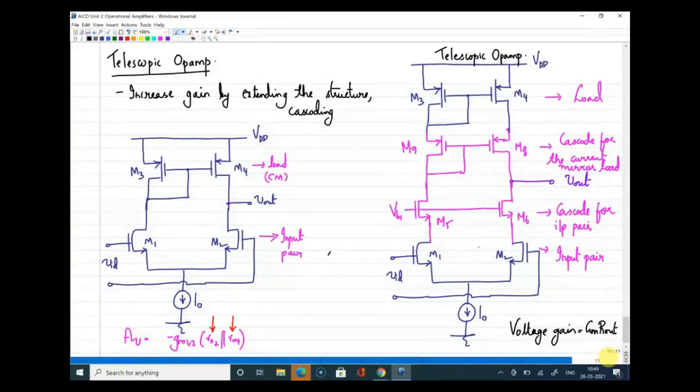Any response from your side, Anirudh? You can just look at the circuit diagram and tell me. No idea? You listened to the class or not? Sir, I had issues with the network.